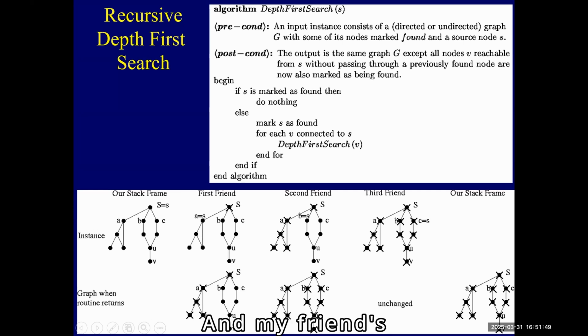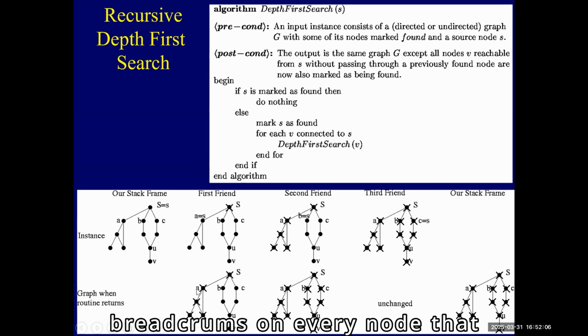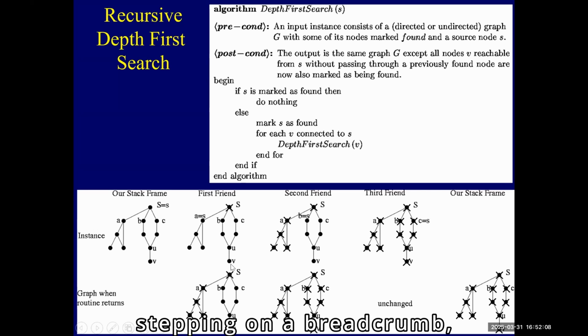We don't wanna micromanage our friends. We're not gonna say, well, my friend's friend, what do they do? That makes you crazy. All we know is my first friend magically does what they're supposed to do, which is to put breadcrumbs on every node that you can reach without stepping on a breadcrumb. Does that make sense? Yeah.